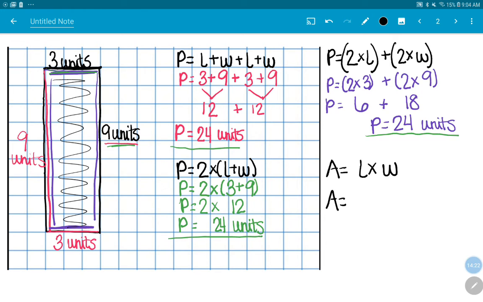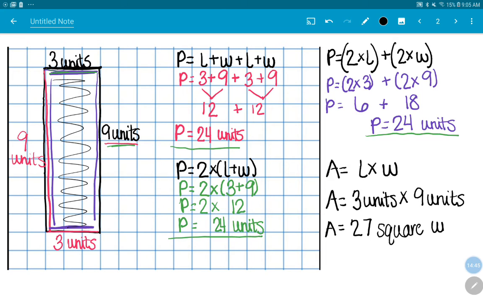So area is going to be, the length is 3 units times the width, which is 9 units. 3 times 9 equals 27. So the area is 27 square units.